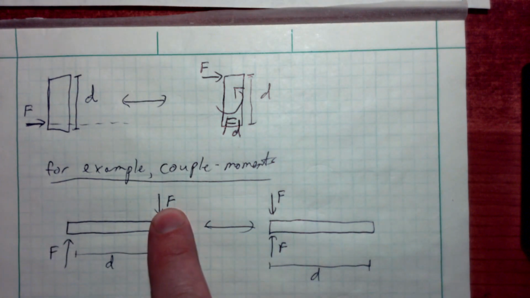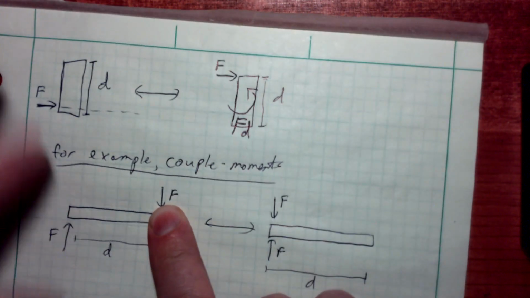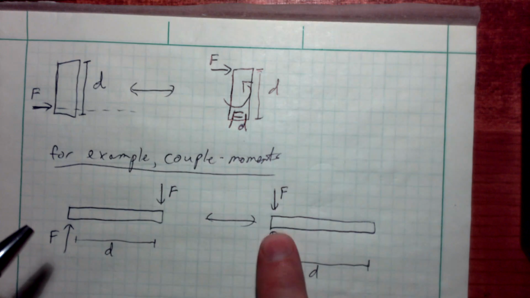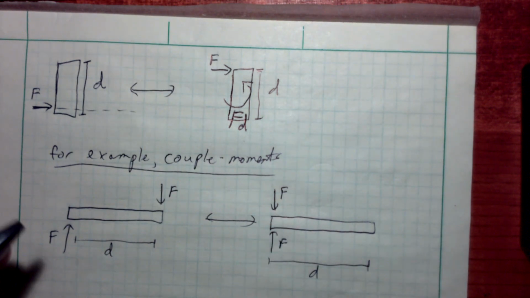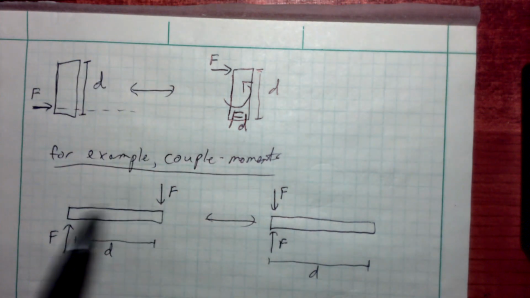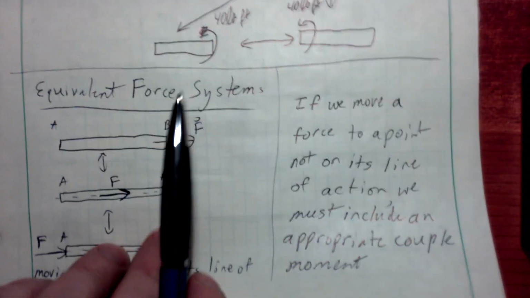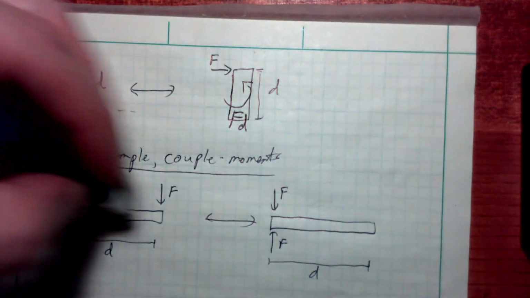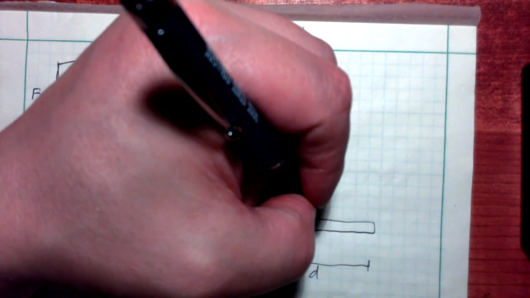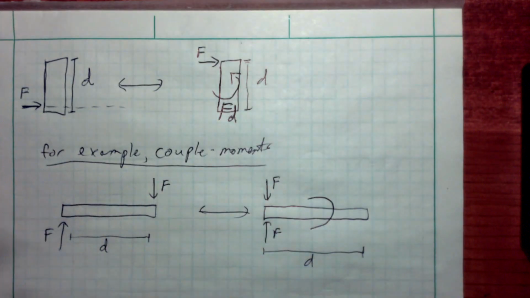Now over here, note that these guys were trying to cause a clockwise rotation as they're drawn. As they're drawn here, they're no longer trying to cause a clockwise rotation. They're canceling each other out. So to have the same thing that I have here, to generate what we call an equivalent force system, if I move a force, I need to include the couple moment. And again, these guys are trying to cause a clockwise rotation.